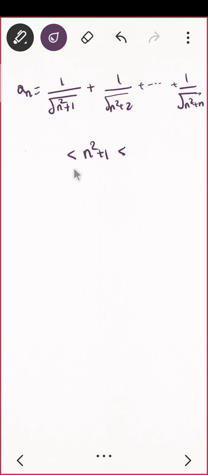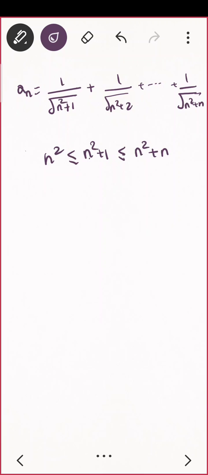What should you choose? Upper bound, n square plus n. Very nice, good, correct. And the lower bound was quite clear: for n square plus 1, a smaller one will be n square itself.